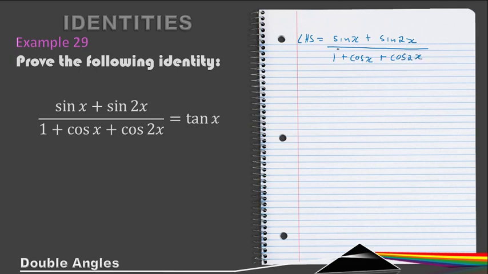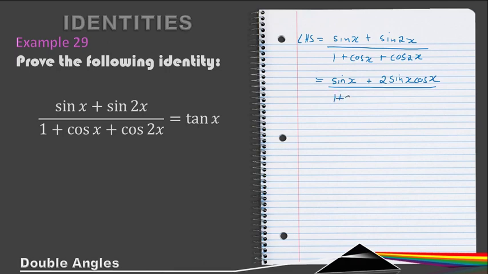All right, so first of all, we have these double angles here, so we have to replace them with their respective identities. And for sine 2x, it's quite easy because there's only one to replace with, so we immediately know we need to replace it with 2 sine x cos x, and then we go down to cos 2x.